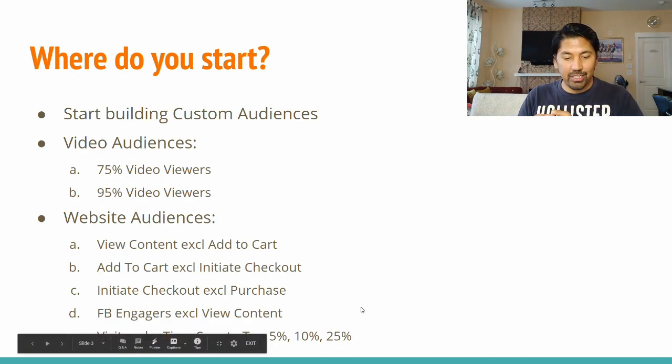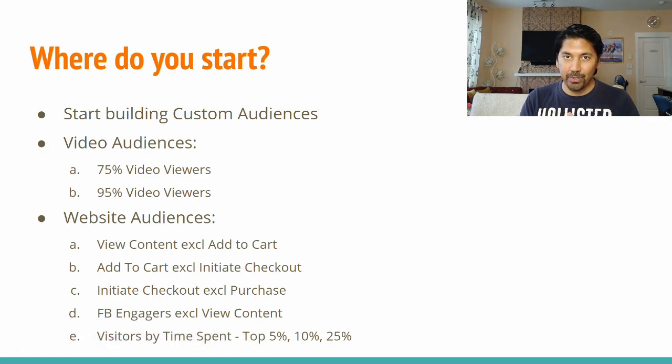Fourthly, you can target customers who engaged with your ad. So this is called Facebook engagement or Facebook engagers on Facebook, and you can exclude view content. So these might be people who saw your ad and they clicked like, or they commented, or they shared the post. So that's what would qualify them as engagers. And you can retarget them again because they showed some kind of action, they reacted to your ad.